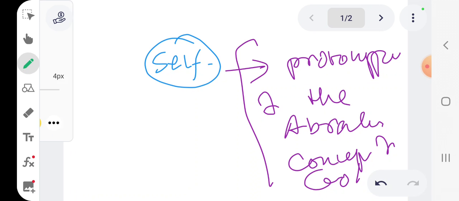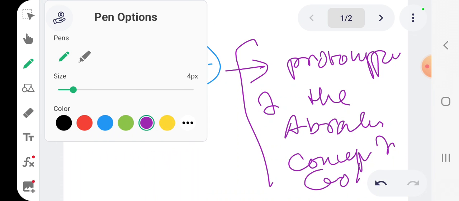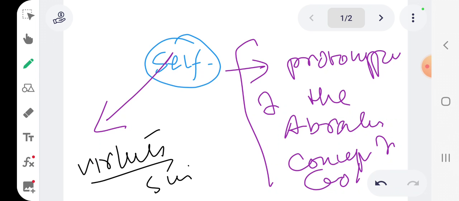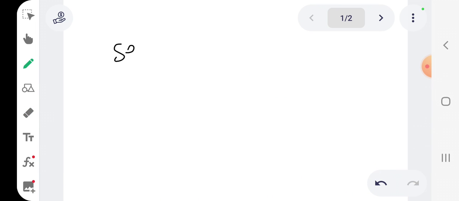And this is clear from other liberal virtues as well, virtues or sin, as you would call it in the Abrahamic tradition.